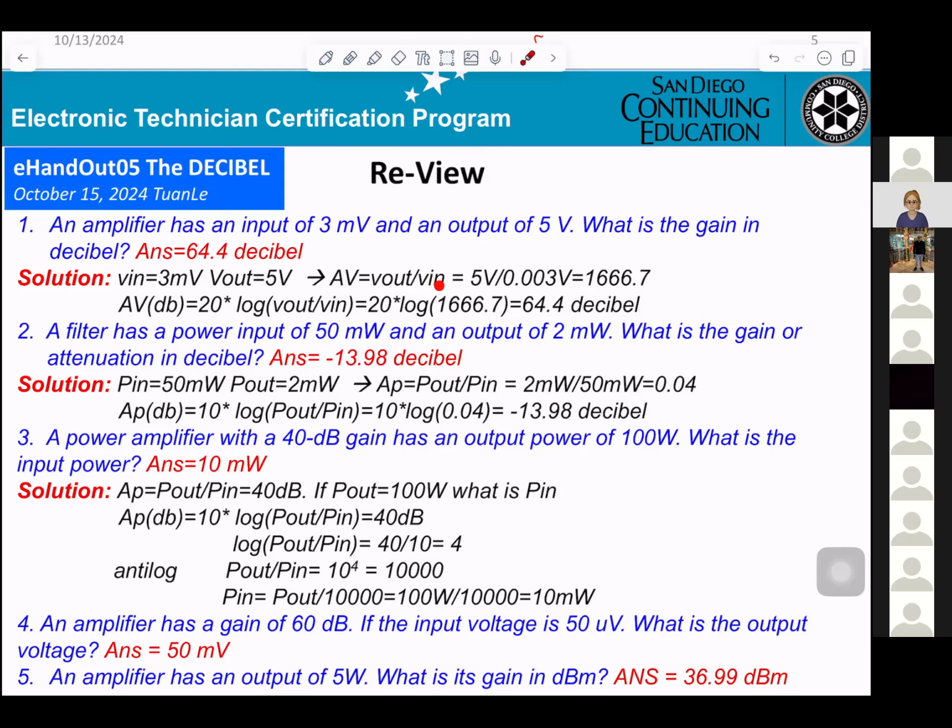However, make sure they have to be the same unit. 5 volt, and for the gain, they say 3 millivolt, you have to convert it into volt, 0.003 volt. So that's what you get, 1666.7. Now A V in dB.